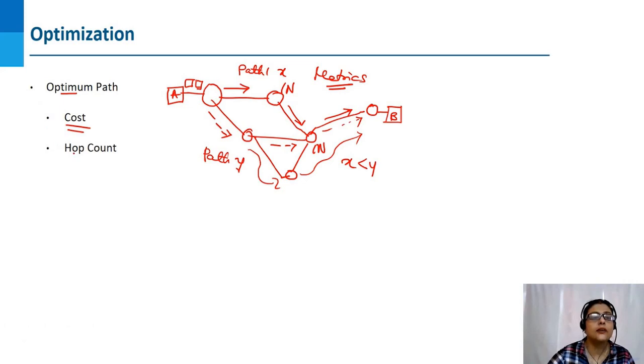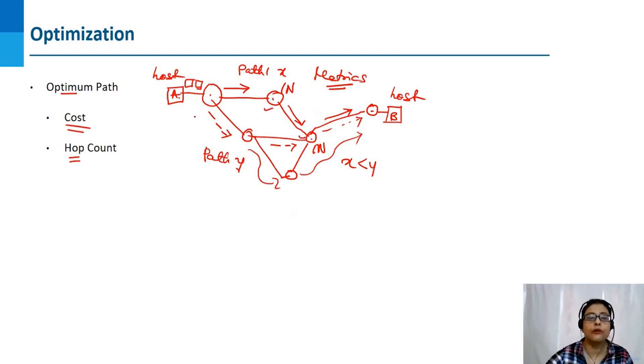Then another metric is hop count. Hop count means how many nodes are there in between the two end stations or the two hosts. We call it host A and host B. For this case, we can see that this node is already connected to the host A and this node is already connected to host B. In between, we have two nodes here.